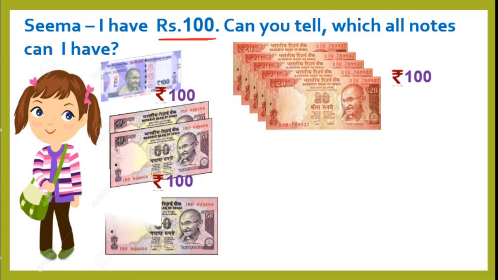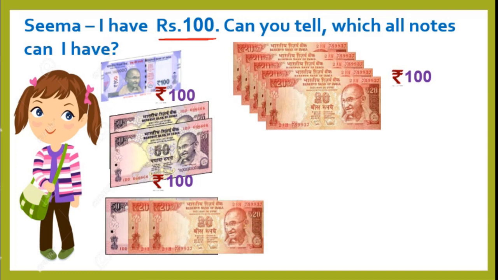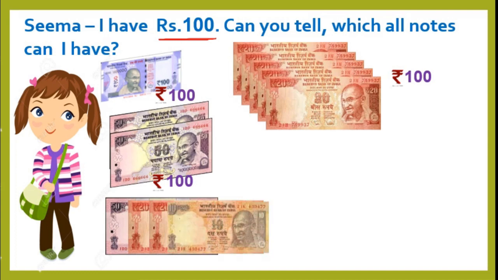Correct? Then here 50 rupees note, 60, 70. This is 90 plus 10. This also became rupees 100, isn't it? Means 1 note of 50 rupees, 2 notes of rupees 20 and 1 note of rupees 10. Total rupees 100, isn't it?